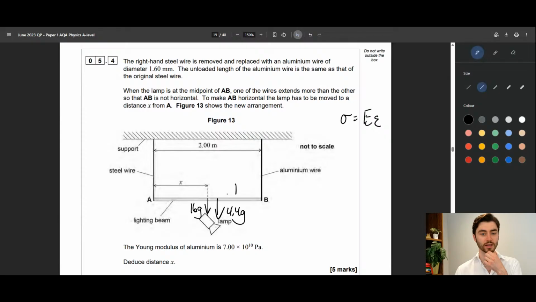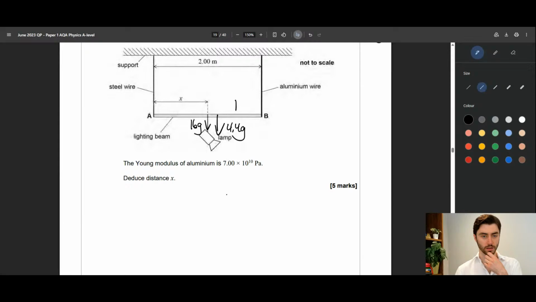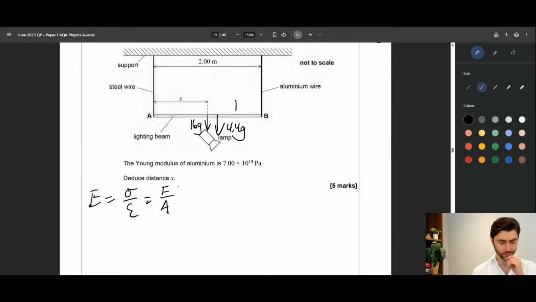We want the extension to be the same, but we don't know what the extension is. We do know what the sum of the forces is, though. And if E is stress over strain, I'm just writing down everything I know. That's force over area times L over extension, right? So that's in an individual wire.